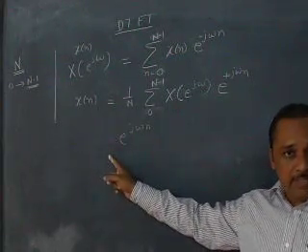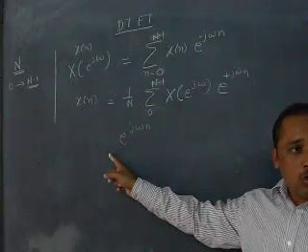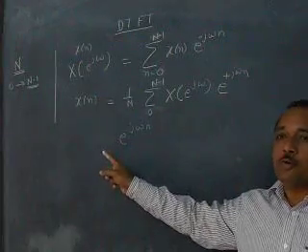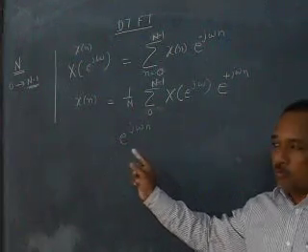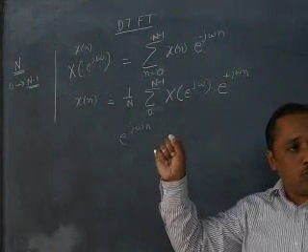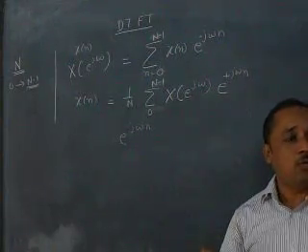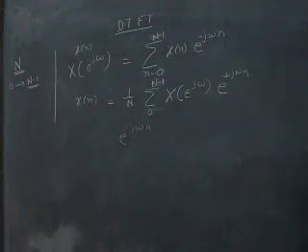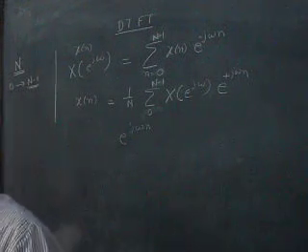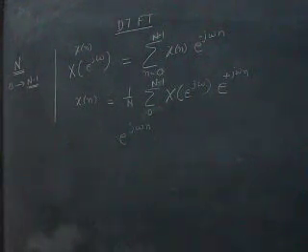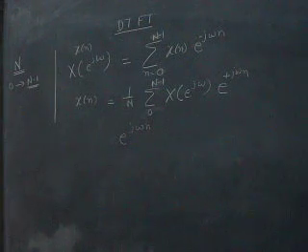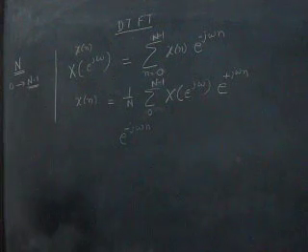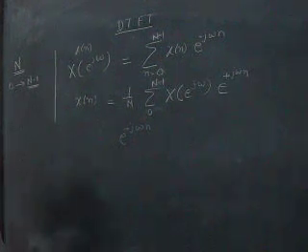The angle varies from 0 to 2 pi. So the value is changing from 0 to 2 pi with an amplitude of 1. This will represent a circle, right? And this circle is a continuous representation. If we consider minus j omega n, again this will be continuous but in the opposite direction, right?